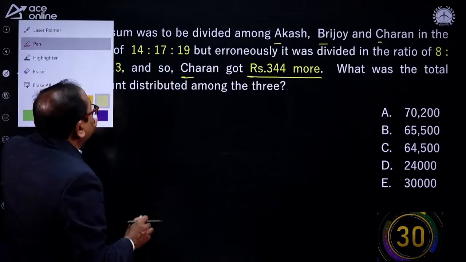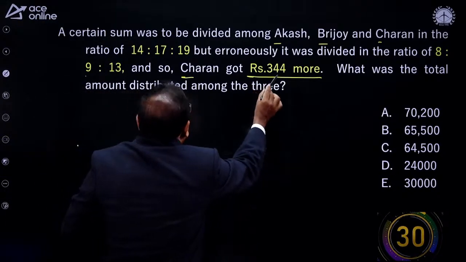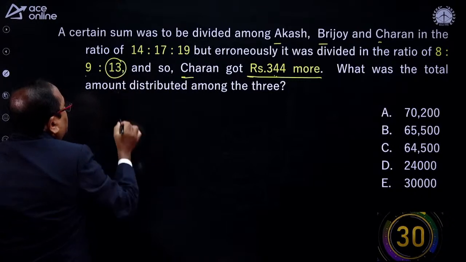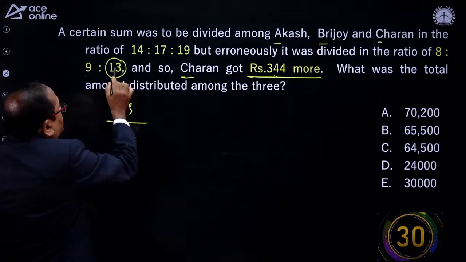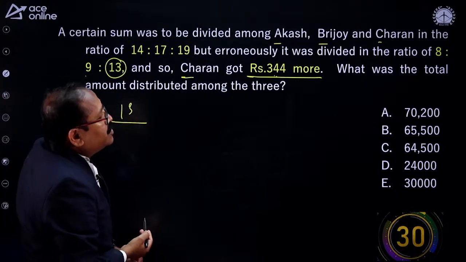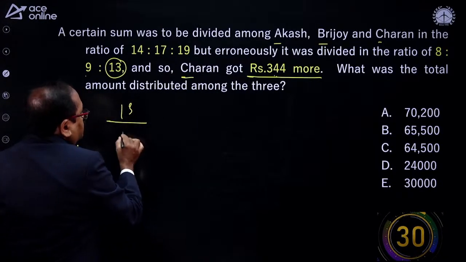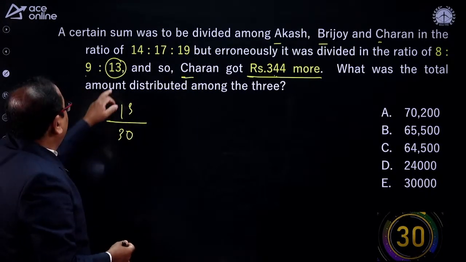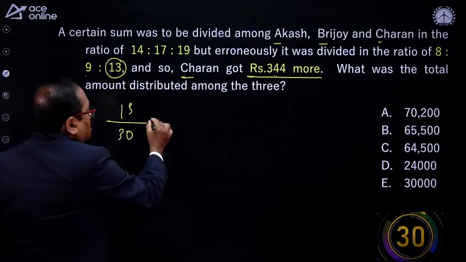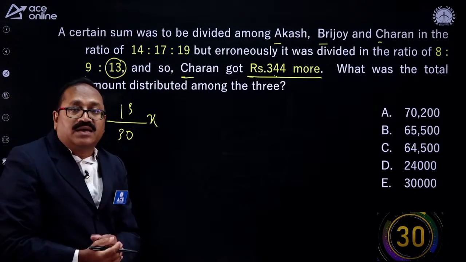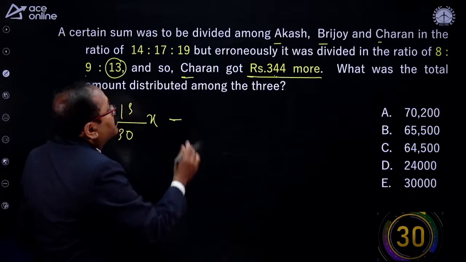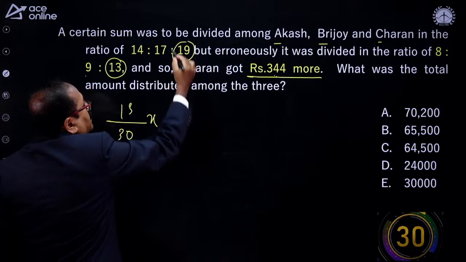Let's see how I should take that. The second part is more for C. So 13 plus 9 is 22, and 22 plus 8 is 30. Am I right here? So of the total money, let's assume that is X, minus the previous one, that is 19 parts.